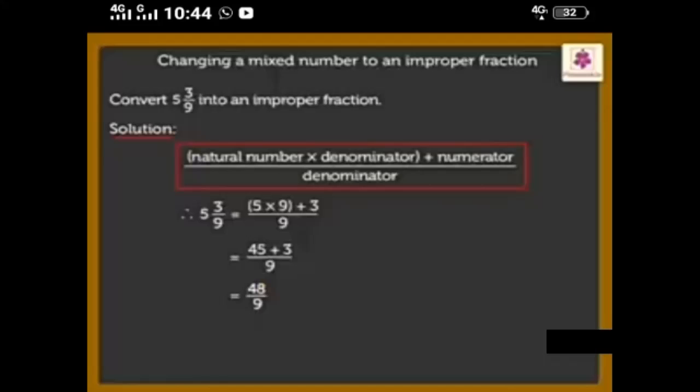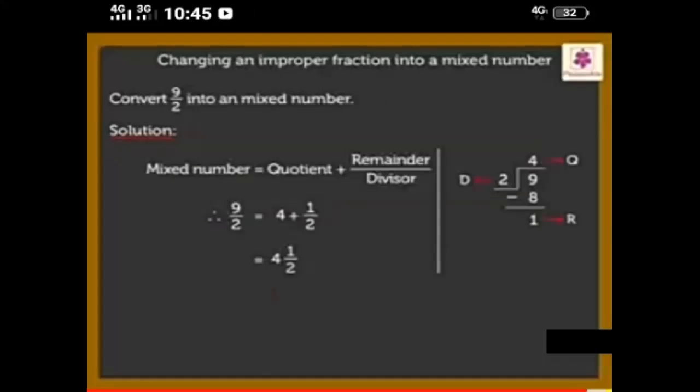Okay, next one: an improper fraction is given, and that is converted into a mixed fraction. How can we convert? Firstly, divide.